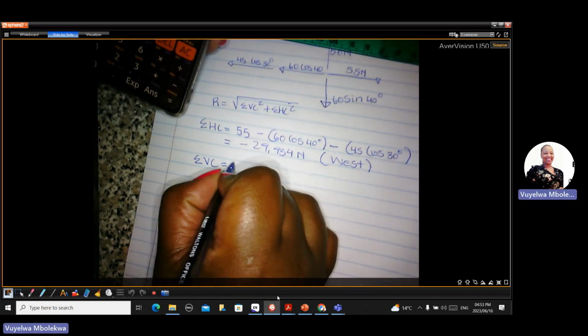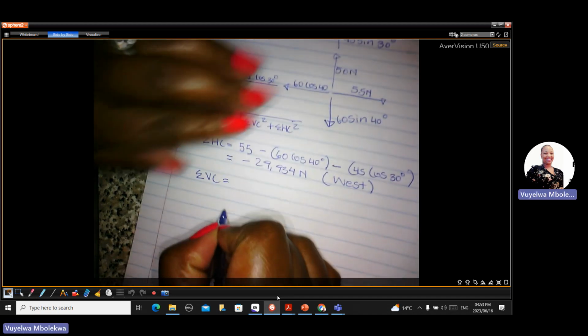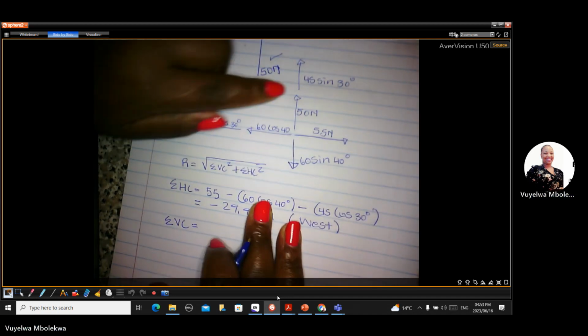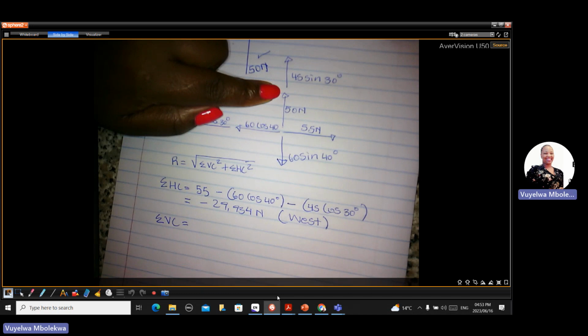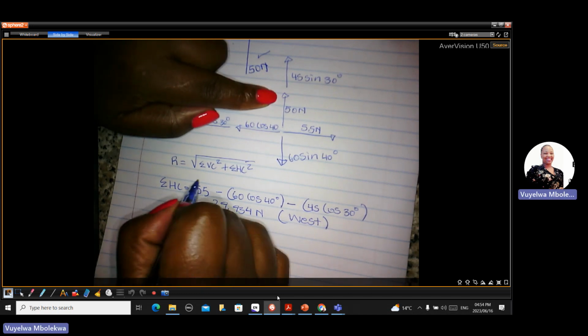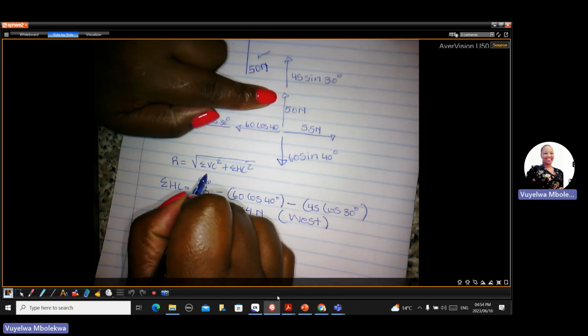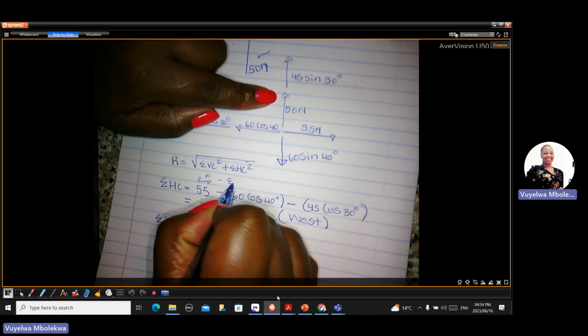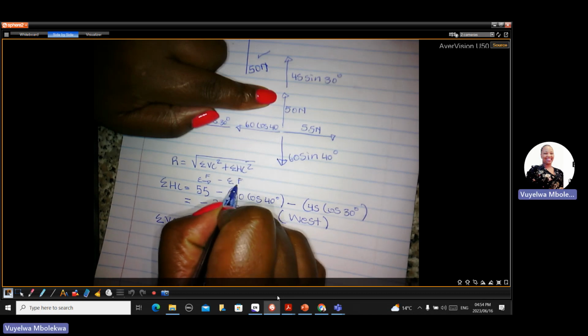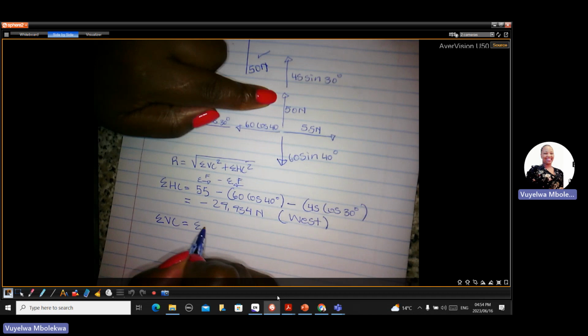So the sum of the vertical components: it's going to be the upward forces minus the downward forces. If you want, you can write that formula, but it's not necessary. The horizontal one is eastward forces minus westward forces, and this one is upward forces minus downward forces.